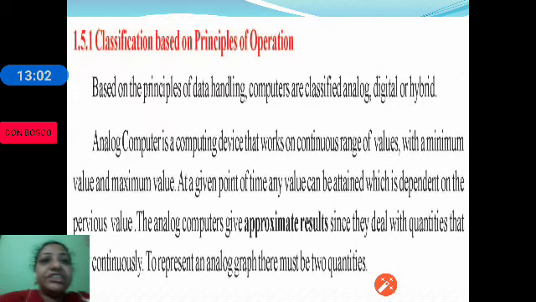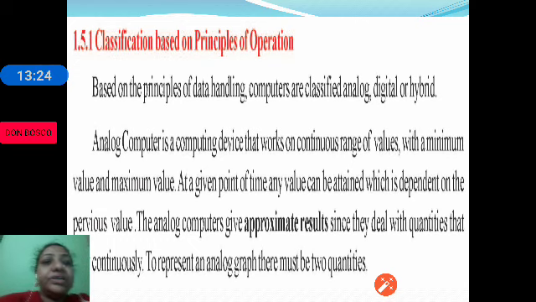Classification based on the working principles, or how the data is handled in a computer: computers are classified as analog, digital and hybrid. Let us start with the analog computer.